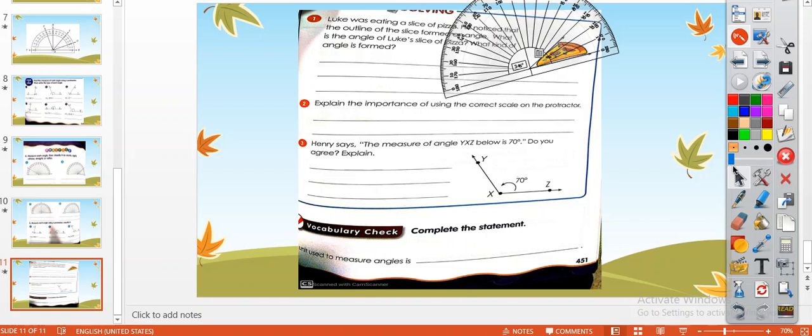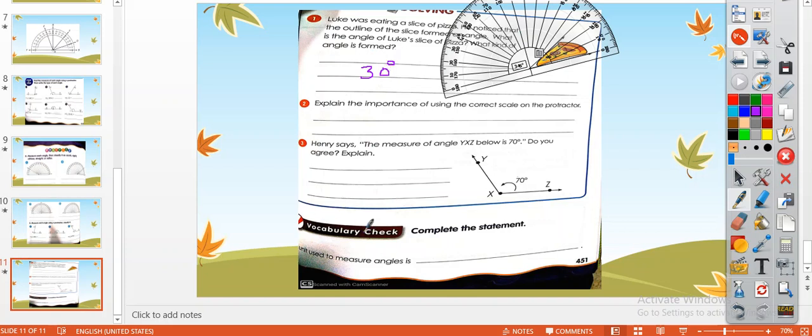In my book, maybe in my presentation page here, it measures 30, but it may not measure 30 because my book is not to scale. So in here it measures 30 degrees and the angle is an acute angle. So here it measures 30 degrees.